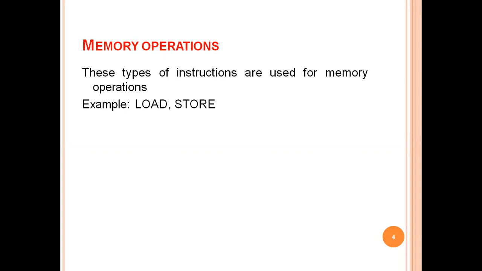So when we do any arithmetical or logical operation, we have to take the data or the instruction from the main memory to the register within the CPU. That operation is done by the load. When I talk about the load, data will be transferred from the main memory to the register. That is called the load operation.